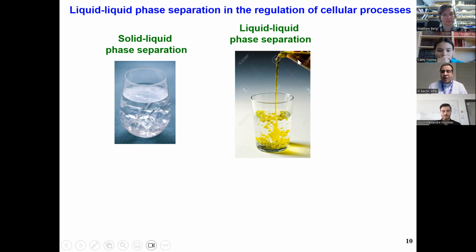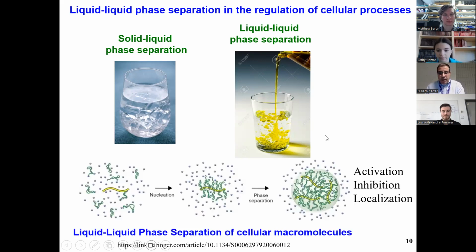In respect to the liquid phase separation, we can think about oil and water. So oil forms droplets in water, and you can think about it in the way that, in this sense, since we have liquid phases, we can think about mixing them. We can think even about exchange of components between the two phases. So this is my way of thinking about this phase separation.